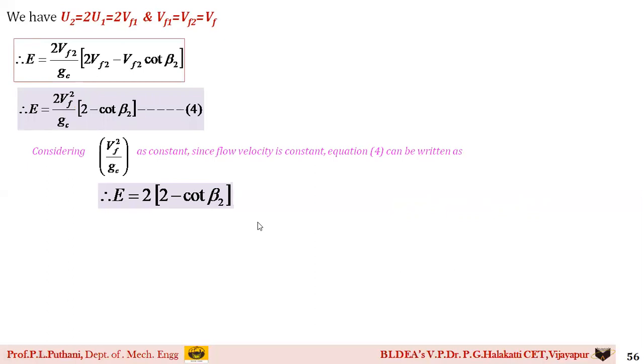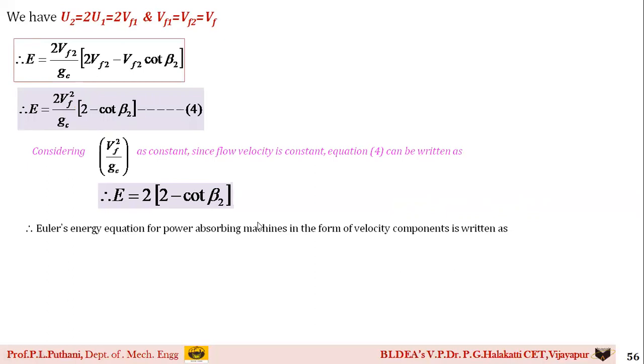Now I can write Euler's energy equation in the form of the velocity components. We write it as the kinetic component, that is the centrifugal component, and the reactive component. Please keep in mind we are writing for power absorbing machines, which means our initial term will be v2 square minus v1 square by 2gc.